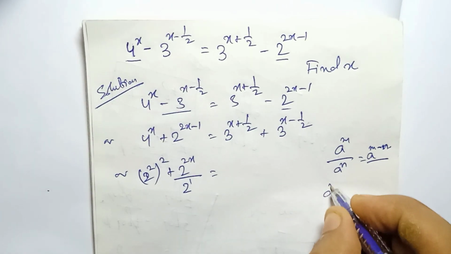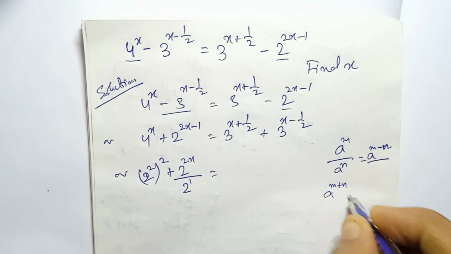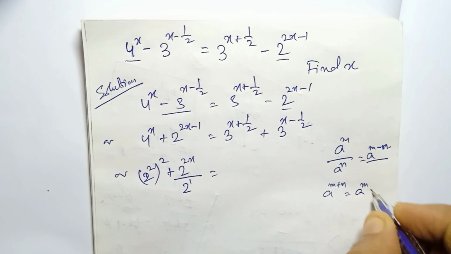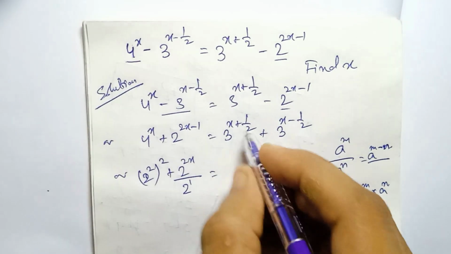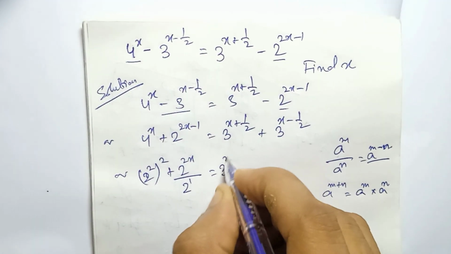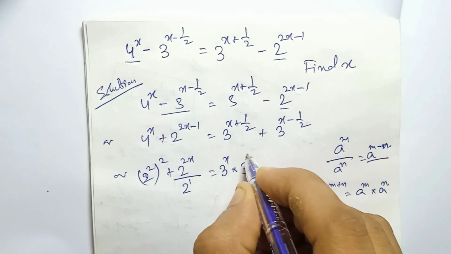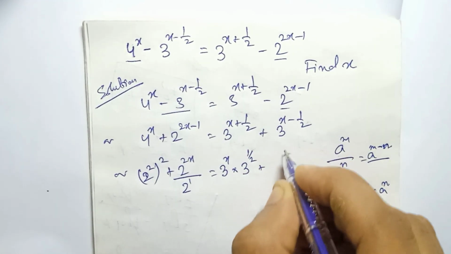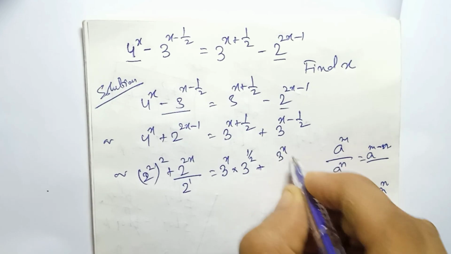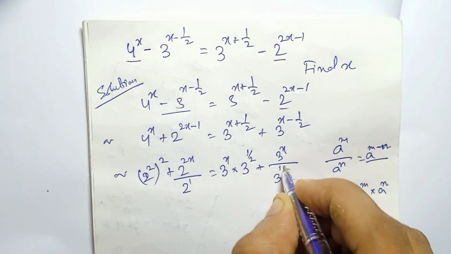And if a to the power m plus n, we can write it as a to the power m into a to the power n. So here in the positive sign, 3 to the power x into 3 to the power 1/2, and here the negative sign, so we can write it as 3 to the power x divided by 3 to the power 1/2.